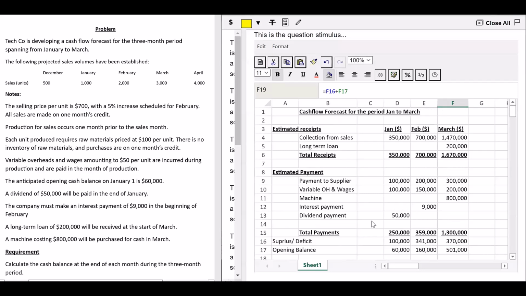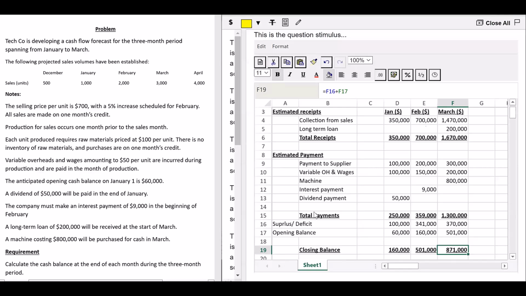Now we've drafted the cash flow forecast for the period Jan, Feb, March, which has all the receipts. We have totaled the receipts. We have the payments. We have totaled all the payments. From the receipts, we subtract the payments to get a surplus or deficit. To that surplus or deficit, we have added the opening balance to get the closing balance.